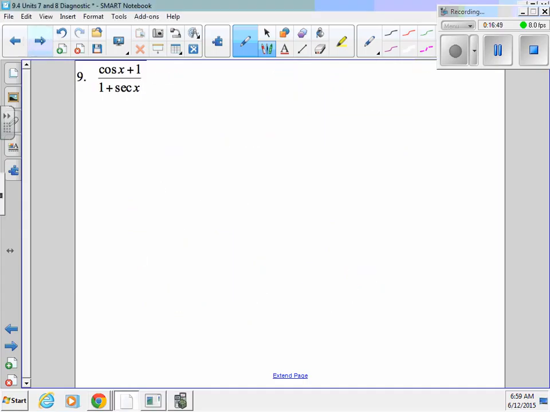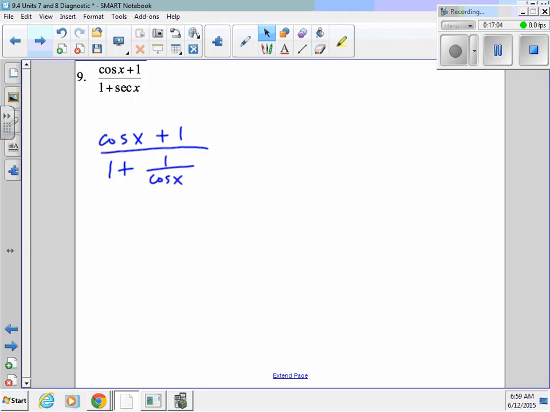All right, 9, I have cos x plus 1 over 1 plus secant x. Not a lot I can do with cos x plus 1, but on the bottom I can rewrite secant x as 1 over cos x. Then I get a complex fraction that I can multiply top and bottom by cos x to get rid of the baby denominator.